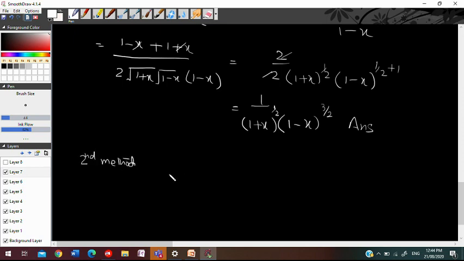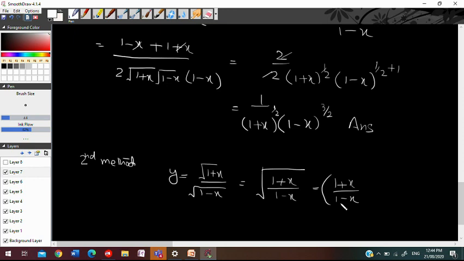We have under root 1 plus x divided by 1 minus x under root. In the solution which I have given you, I have taken the power separately. You can combine them like this: 1 plus x divided by 1 minus x, whole power 1 by 2.